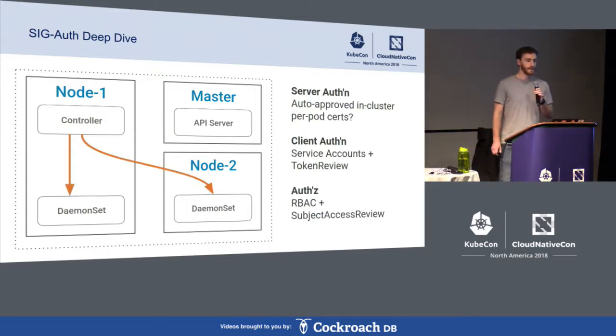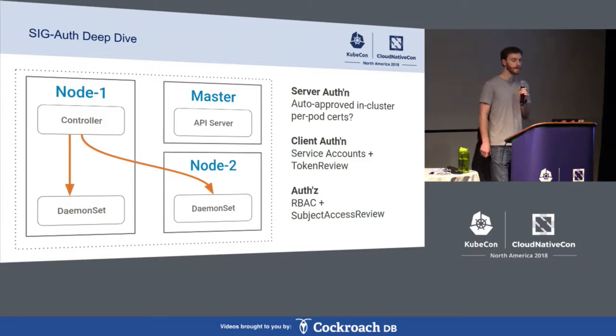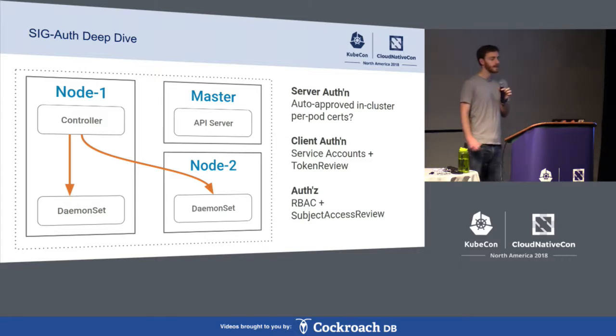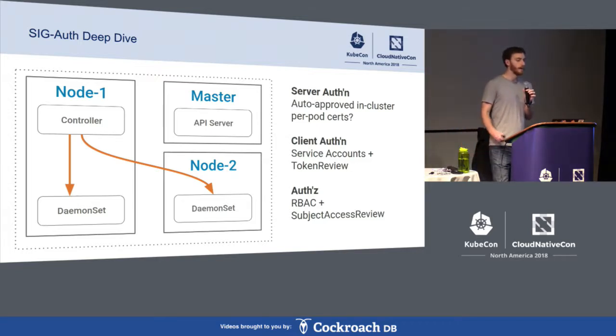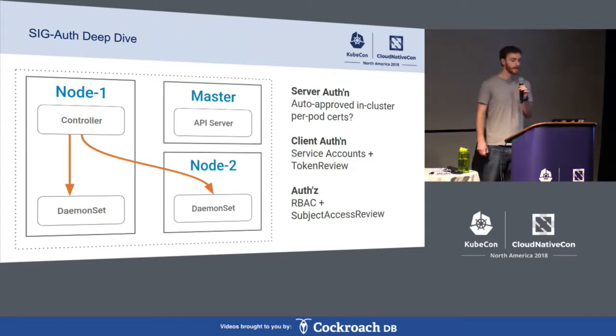Once the controller needs to talk to node-level daemon set components, it gets a little more complicated. We don't currently have a solution for the controller to validate that it's talking to the right daemon set pod. One solution we've kind of discussed is having auto approval of certificate signing requests, along with per pod identity with enhanced service accounts.